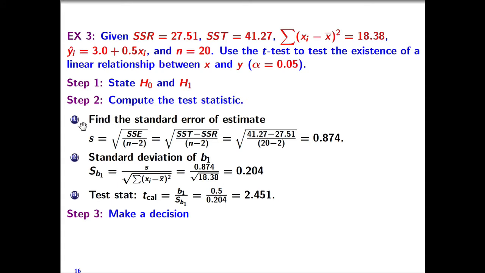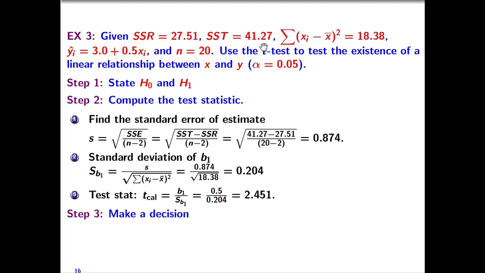Now, we have sub-step number 1, find the standard error of estimate S. This is from equation 14.16. You have S equal to the square root of SSE over n minus 2, which is equal to the square root of SST minus SSR over n minus 2.